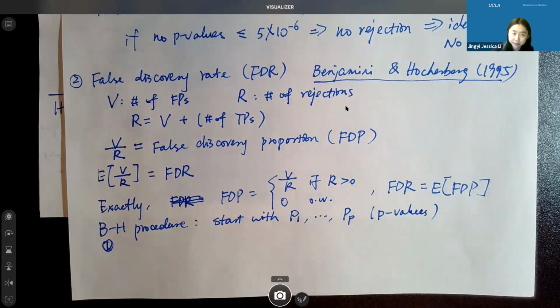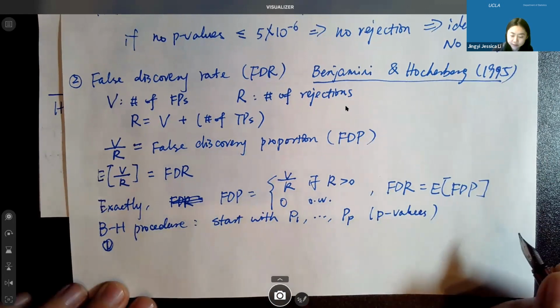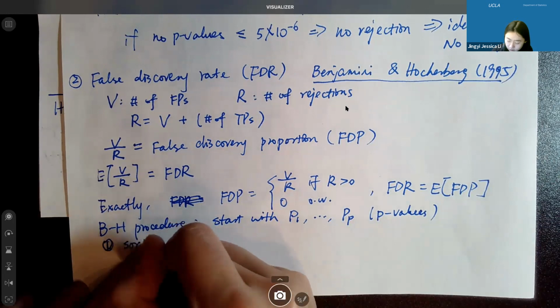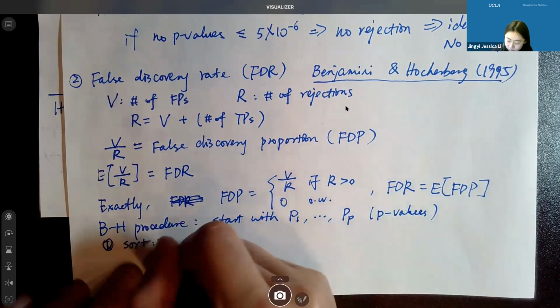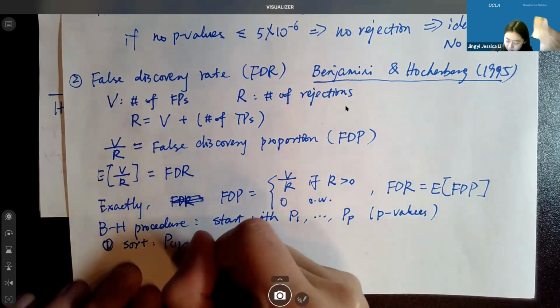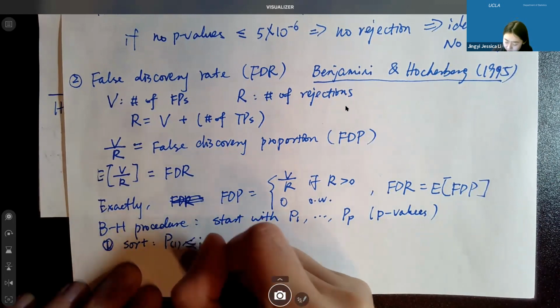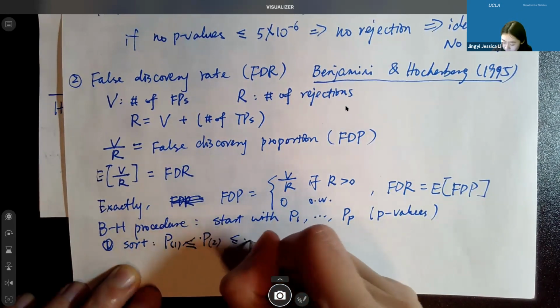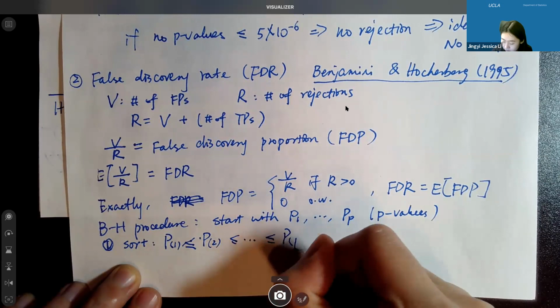The first step in the BH procedure is to sort the p-values from the smallest to the biggest. With the sorting, I will write it with parentheses: P(1) is less than or equal to P(2), less than or equal to P(P).